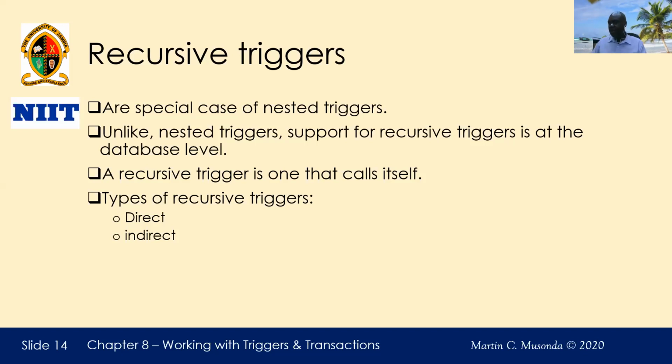So there will be some mechanism for them to stop. But what we're saying is that a recursive trigger is where the trigger initiates its own self. Okay. Now there are two types of recursive triggers. There are direct recursive triggers and indirect recursive triggers.